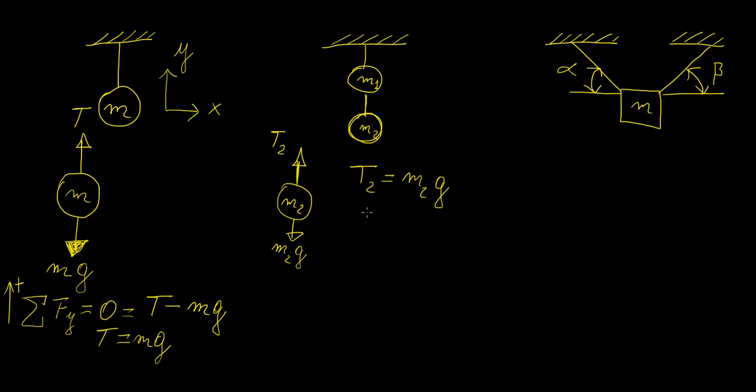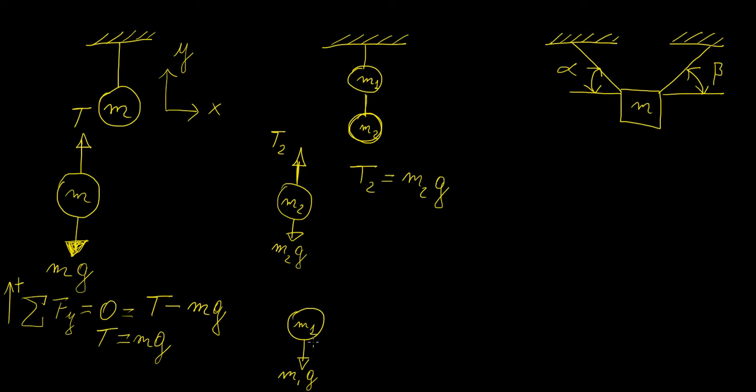Now let's have a look at M1. Let's draw M1 right here. Now we're going to have the weight of M1, so this is going to be M1 times G. But hang on, we now have a string, and this string is pulling down, because if the tension is going up, then the string needs to be pulling down from the top here for this equilibrium condition to be met.